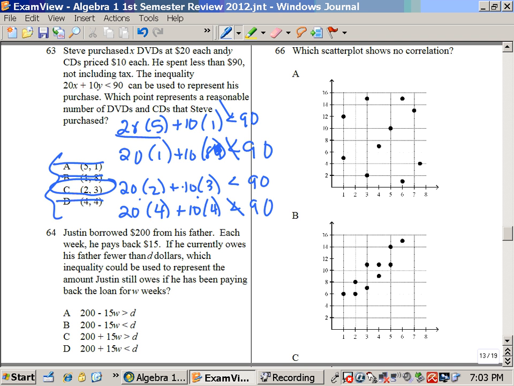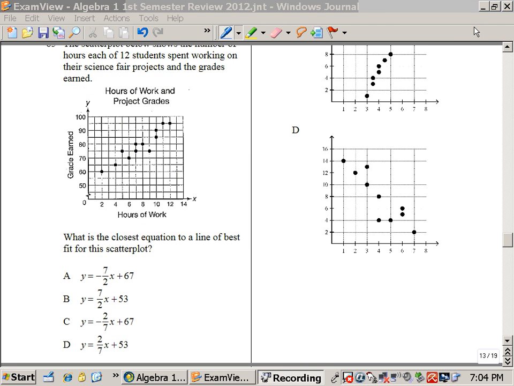It says that he owes fewer than D dollars. Okay, so I know that C and D are not right because that's adding $15 each week. A and B could be right. Since it says that you want to know when he will have fewer than D dollars, B is going to be the correct answer.